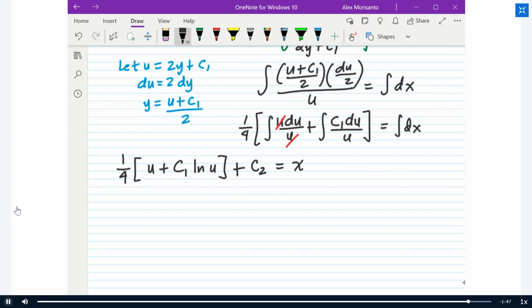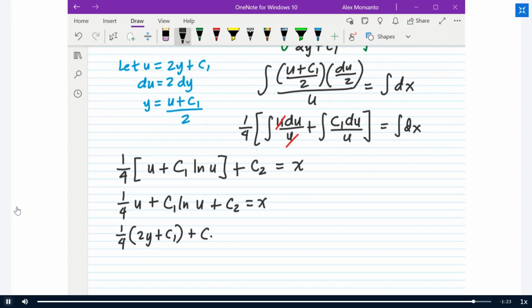C1 at C2 yan. Tapos, ibalik ko na yung ating, o i-multiply muna, no, para mas maganda. 1/4 u plus, since 1/4, pag minultiply mo sa constant, syempre, magiging constant pa rin yun. Okay? Plus c sub 2 is equal to x. O ngayon, ibalik na natin yung u. 1/4 times 2y plus c sub 1.